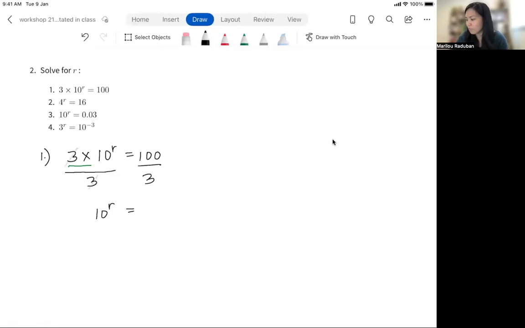You can simplify 100 divided by 3 if you want, 33.3, or you can keep it as 100 divided by 3. I'll just keep it as 100 divided by 3 for now. Now the base 10 is by itself, so you can get the log of that to undo the base 10. You have to get the log of both sides. So why don't we just simplify 100 divided by 3?